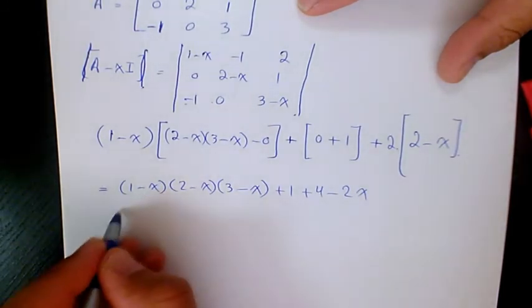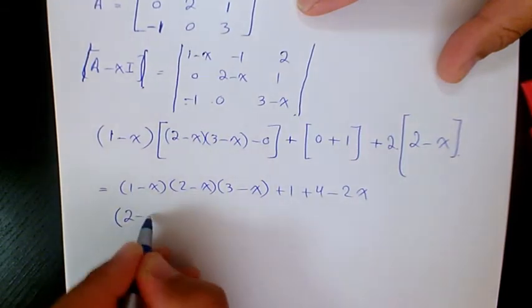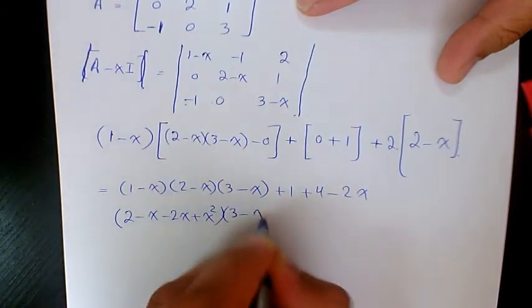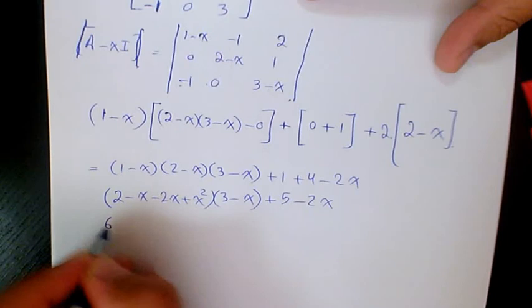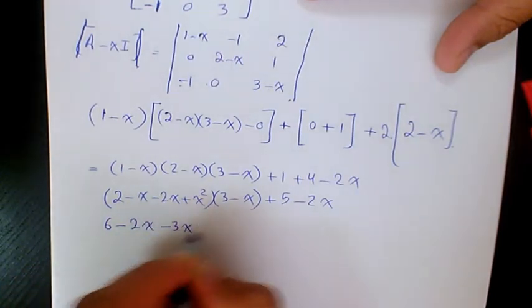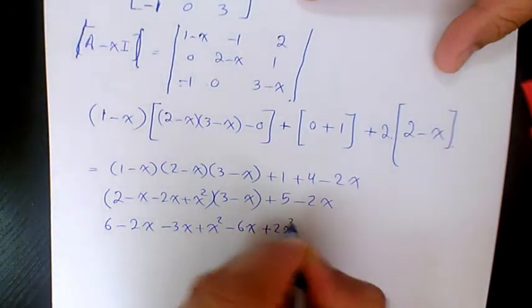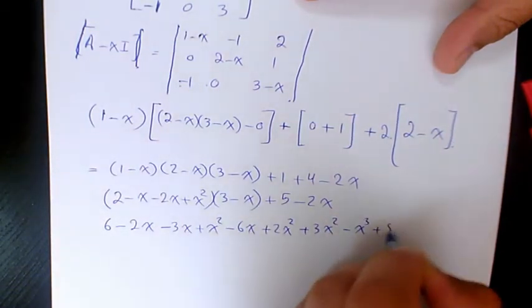It's going to be 1 times 1, 1 times 2, 2, -x, -2x plus x squared times 3 minus x, plus 5 minus 2x. Then we have 6 minus 2x minus 3x plus x squared minus 6x plus 2x squared plus 3x squared minus x cubed plus x minus 2x.